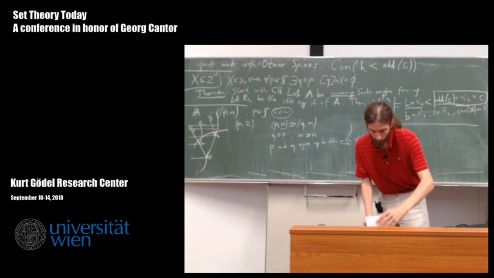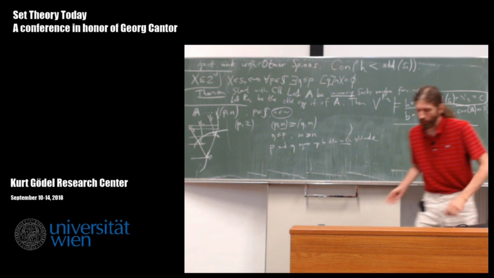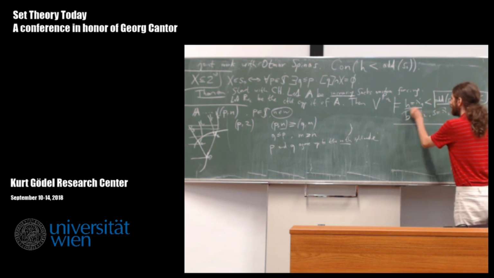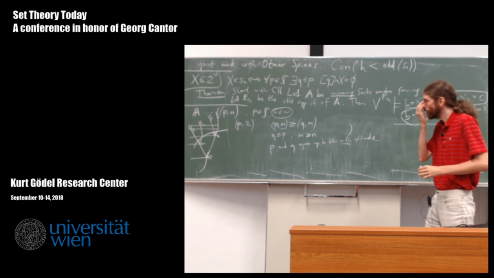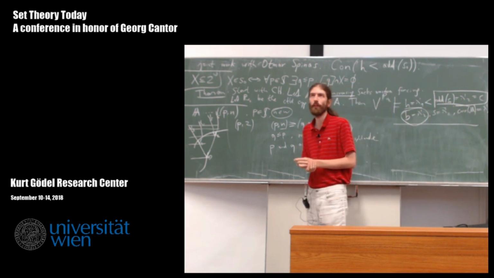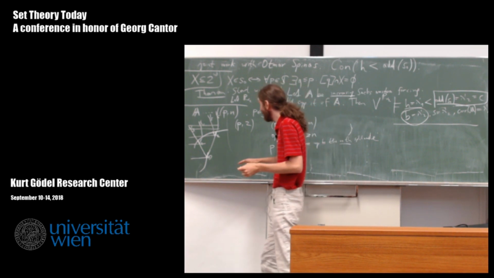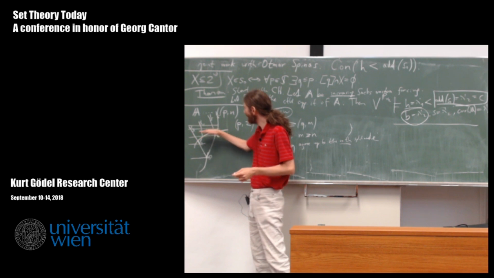So what do I want to say next? Very important for the rest of the proof sketch I would like to present is the following, that we get this. Why is this? Because we add dominating reals. So where can we read off a dominating real? Look at this increasing sequence, the heights of these splitting nodes.